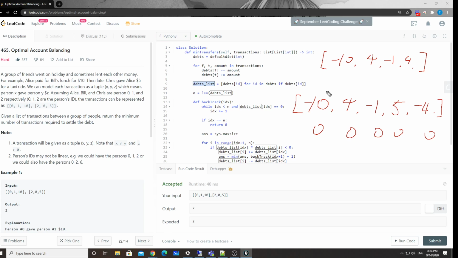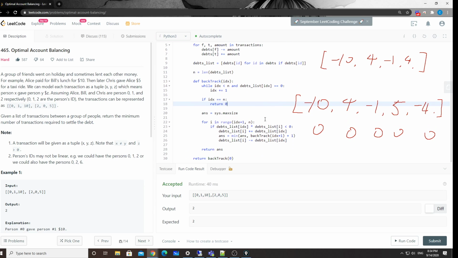To do that, we're basically trying all the possible combinations, but with a little bit of a strategy.